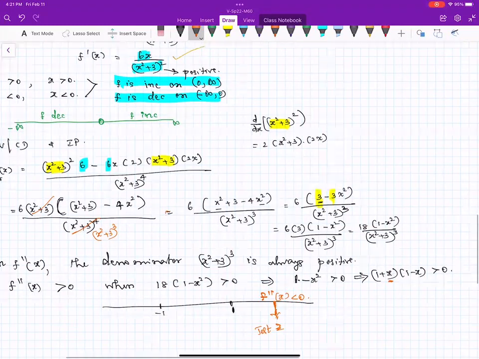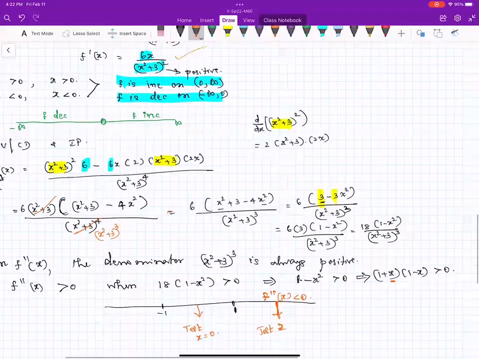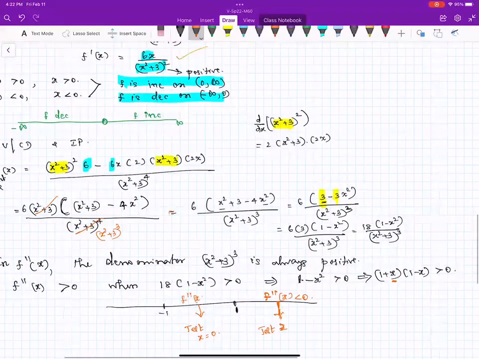Between negative 1 and 1, we will take the test point to be x equal to 0. So what will happen to f double prime x? It will be 1 plus x times 1 minus x, with x equal to 0. So that will be positive. So in this interval, f double prime x is going to be positive.